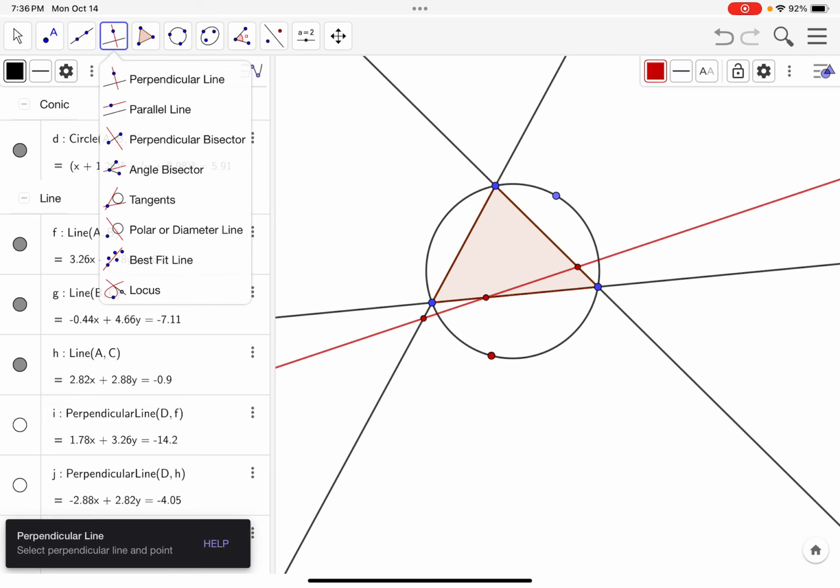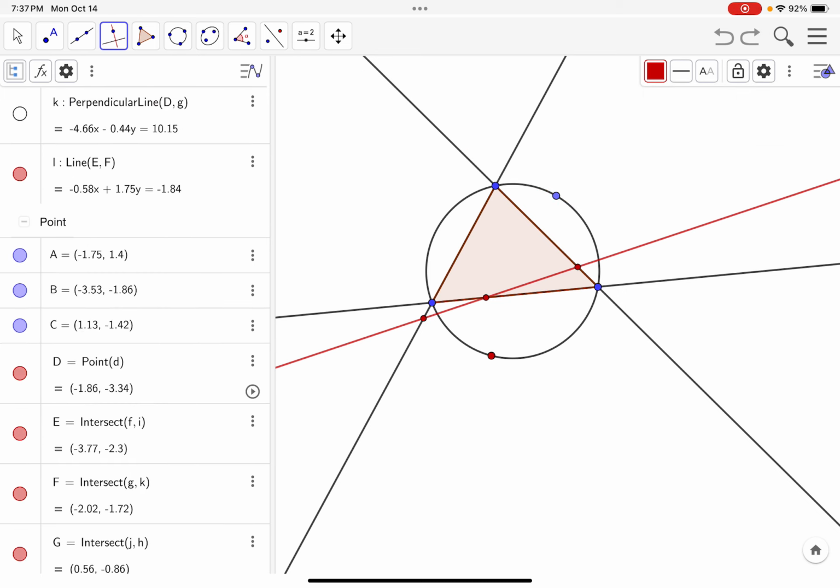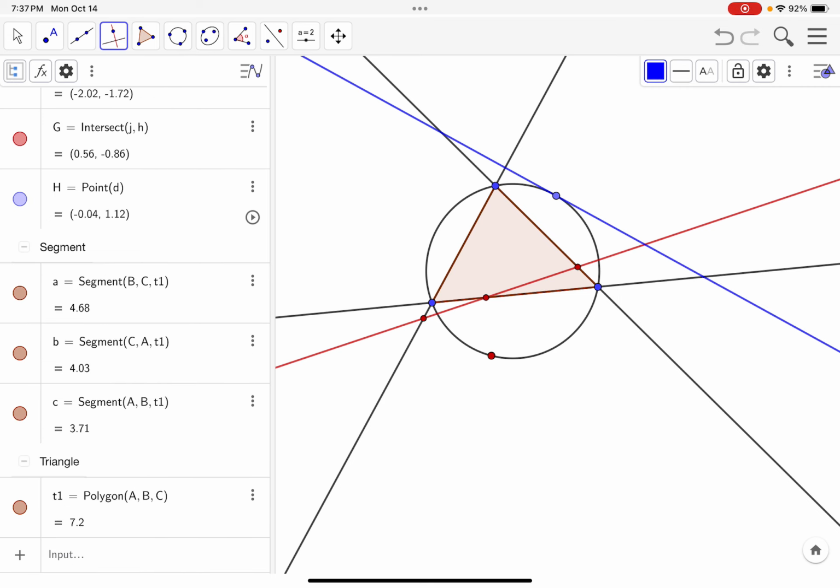We'll draw the perpendiculars. Oh, I don't want red though. We want perpendiculars and we want them in a different color. Let's do blue. So this one in there, this one in there, and this one in here.